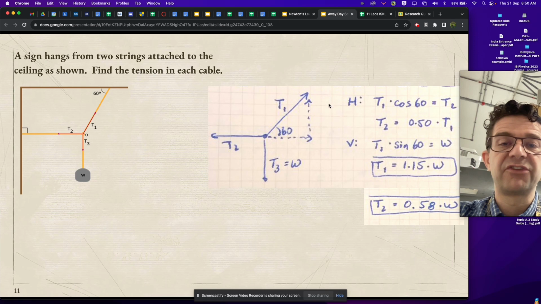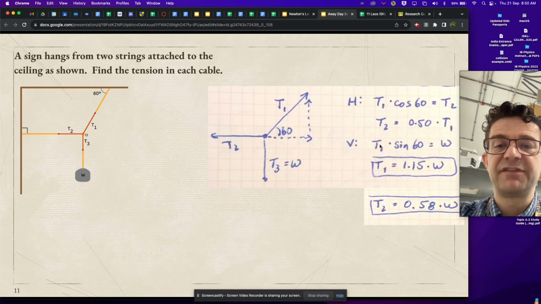So again, horizontally, we can't actually find the horizontal component here, but we know it's equal to T1 times the cosine of 60, and that must balance T2, which is pointing horizontally to the left. So T1 cosine 60 is equal to T2, or T2 is equal to a half of T1 because the cosine of 60 is a half.